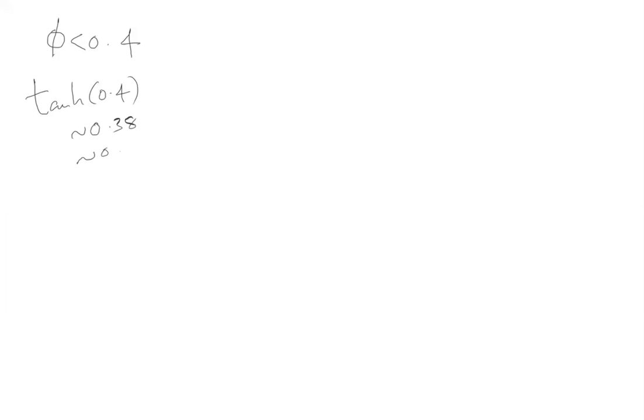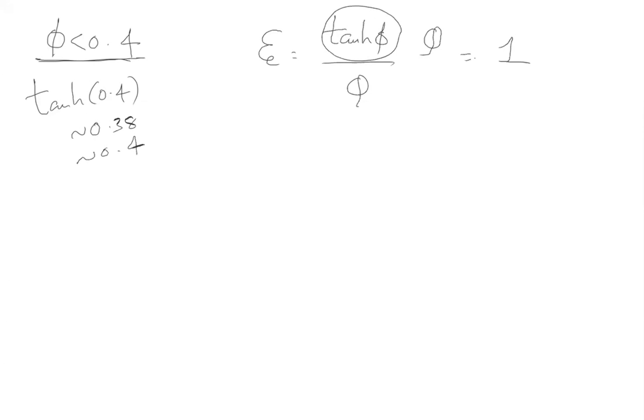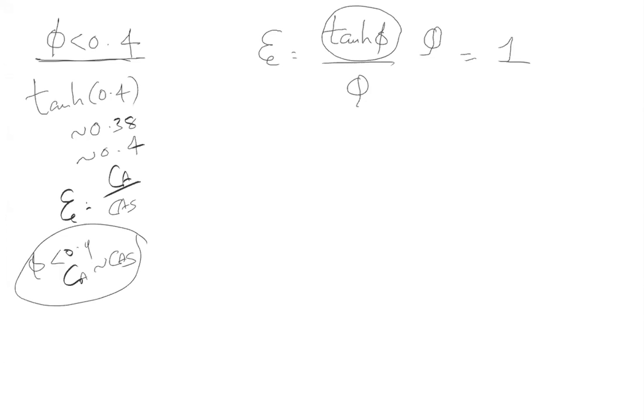So when phi is less than 0.4, tanh phi is almost equal to phi, so tanh phi by phi is almost 1. What is E? E is Ca by Cas. When phi is less than 0.4, your Ca is almost equal to Cas, because the concentration profile inside the pore is equal to Cas.